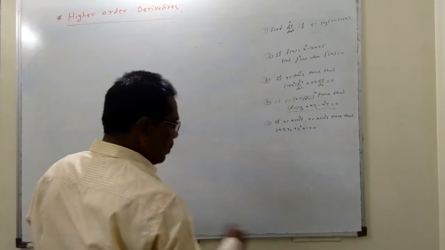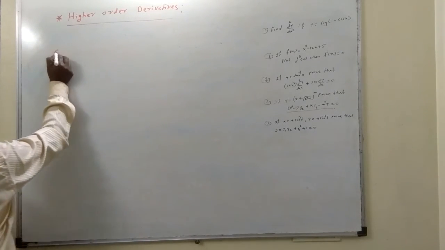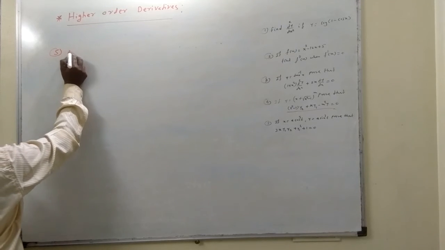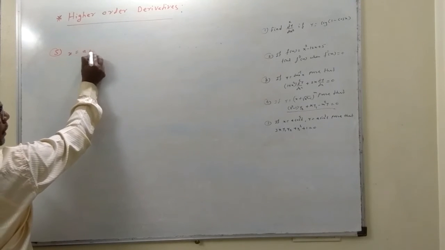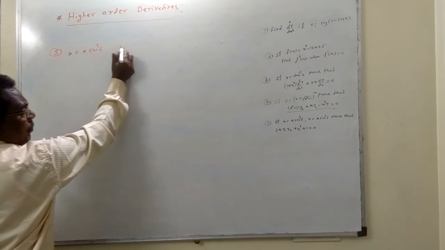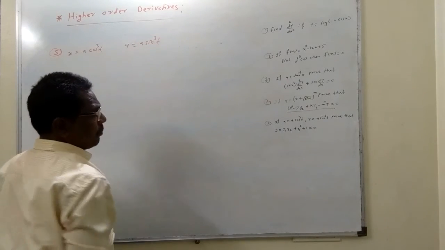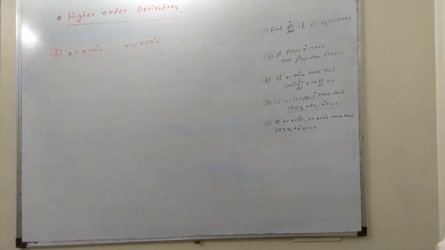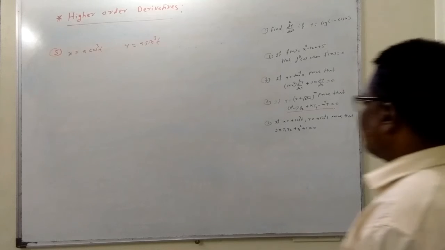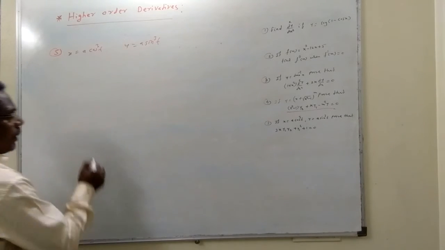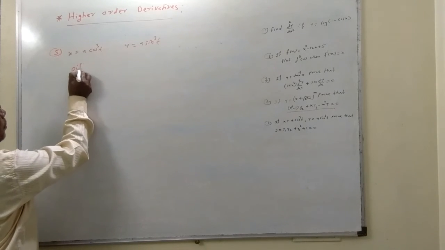So okay, now this last example we will see is the fifth example. x is equal to a cos cube t and y is equal to a sin cube t. This is the parametric function. So we want to find the derivative. So differentiate first with respect to t.